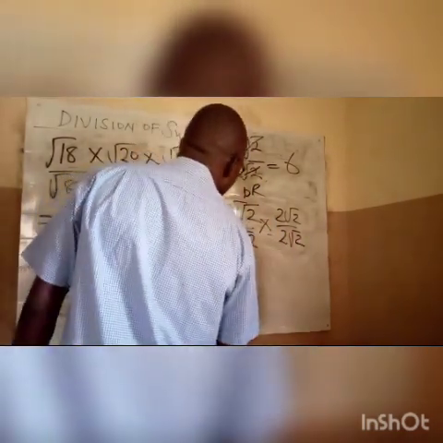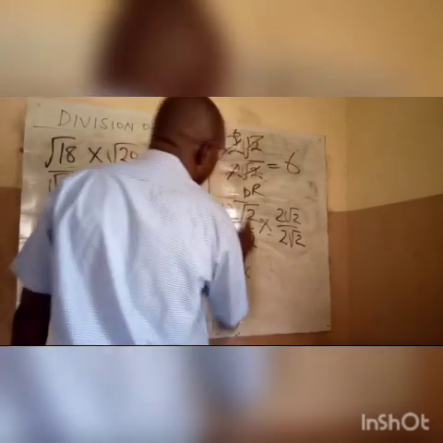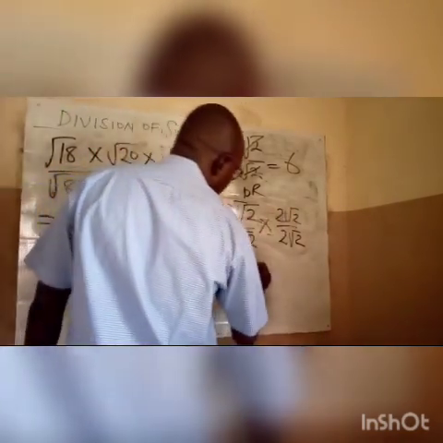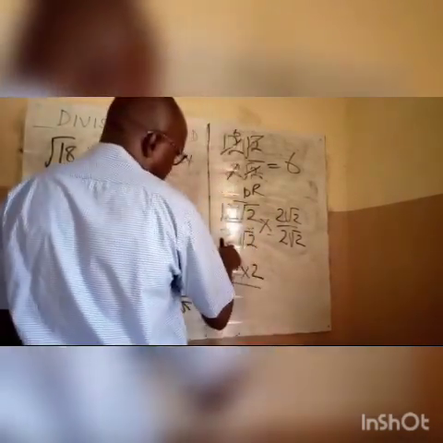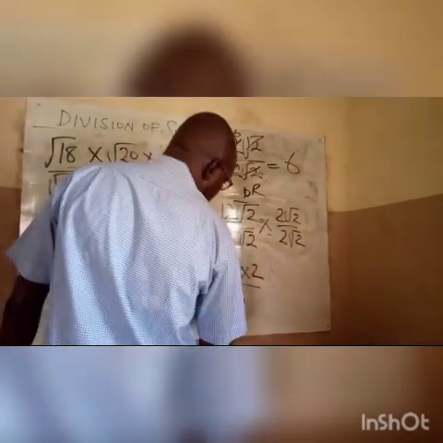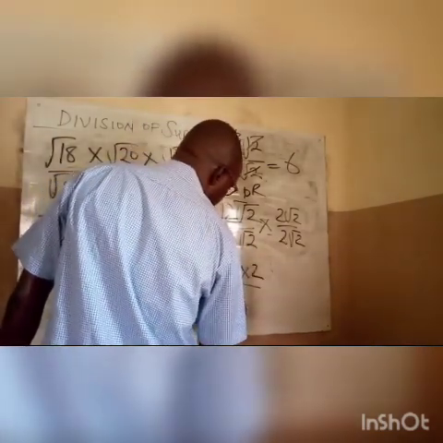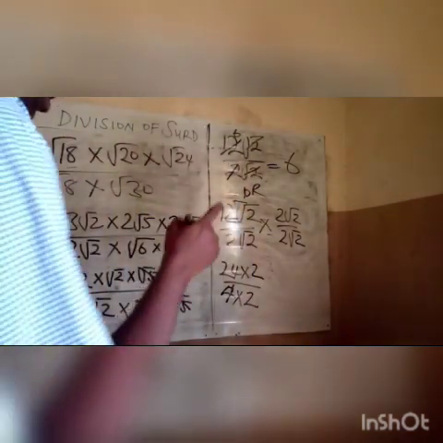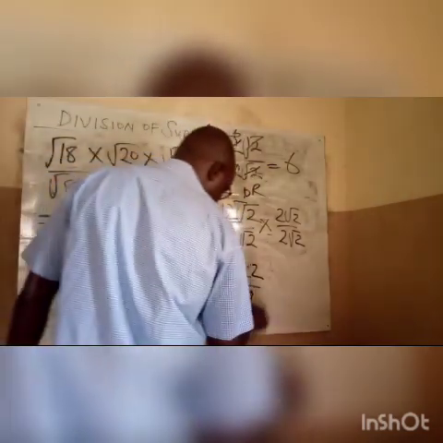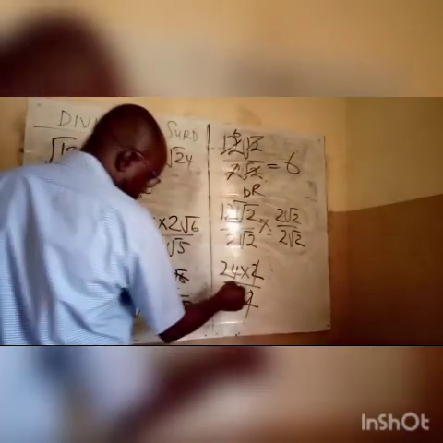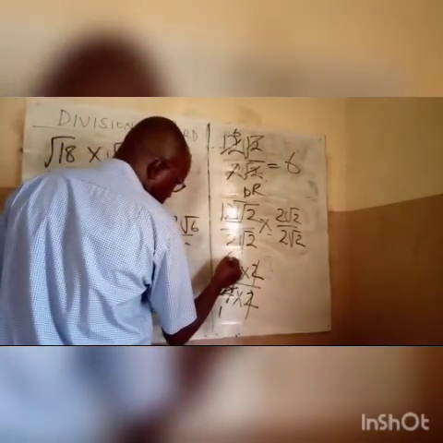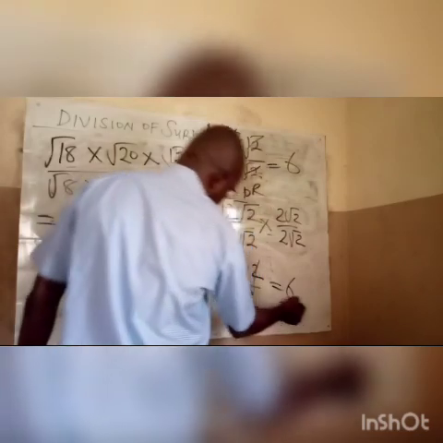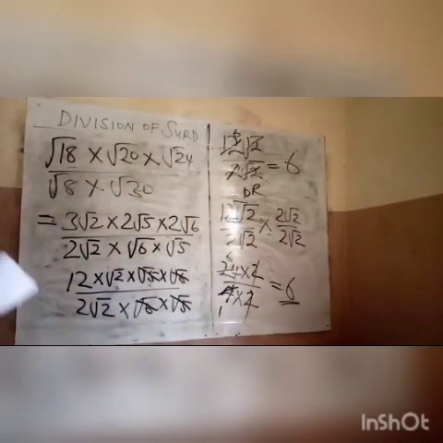This will give you 24 times root 2 times root 2, which is 2, over 4 times 2. Yes, 4 times 2. The 2 can cancel itself, then 4 cancels 24, giving 6. So your answer is still 6. Whichever method you apply here, it will work.